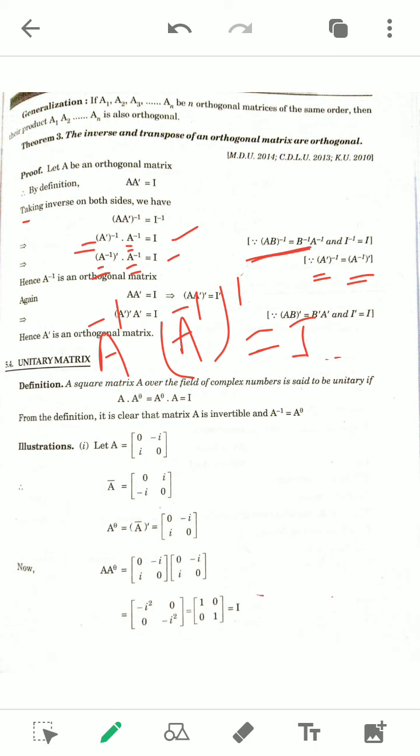So from here we can say that A inverse is orthogonal. The second part, that A transpose is also orthogonal, you can prove by the definition only. I think you understand these results about orthogonal matrices.